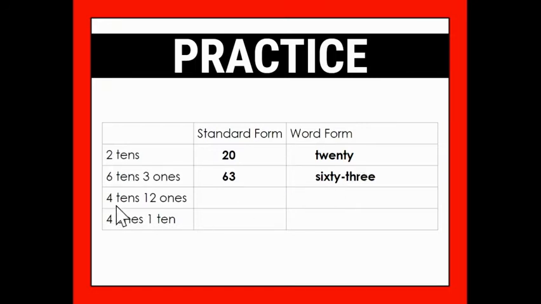All right, so now my next one is 4 tens and 12 ones. Wait a minute, can I have 12 ones? Let's count it out. 4 tens, so 10, 20, 30, 40. But now I need to count by ones. 41, 42, 43, 44, 45, 46, 47, 48, 49, 50, 51, 52.